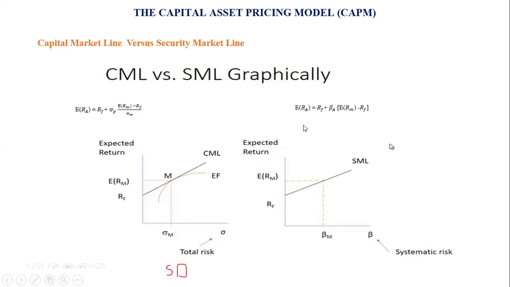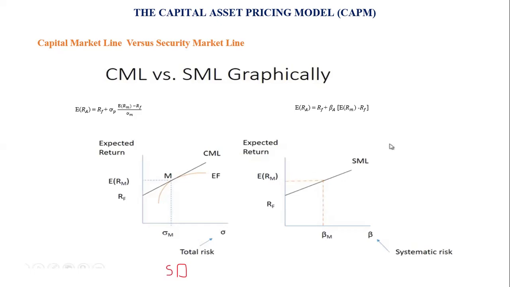Now let's go to the security market line. The security market line was developed from the capital market line. It shows a relationship between expected return and systematic risk, that is, market risk, risk that cannot be controlled.